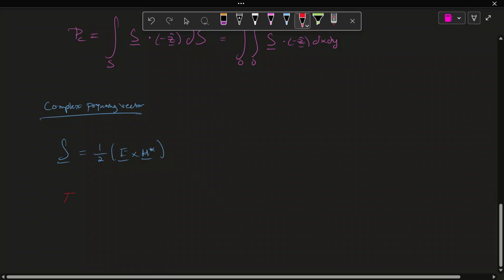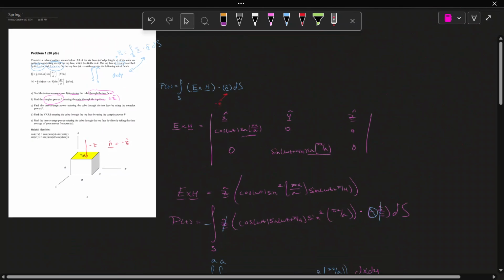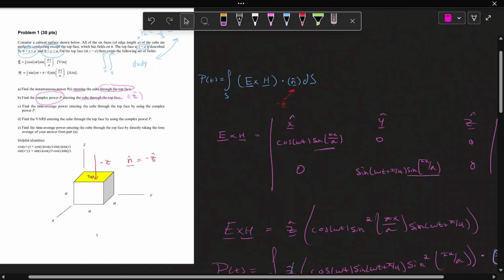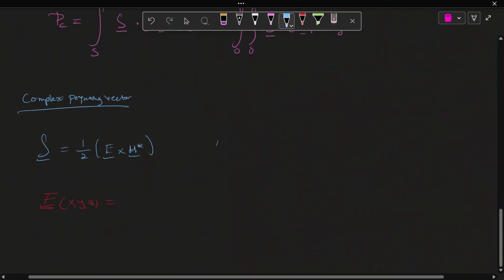We need to find E, and E as a function of x, y, and z, no time. So what was our E before? Let's go back up here. E was cosine omega t sine pi x over a. Okay, so E in the time domain is equal to cosine omega t sine of pi x over a.